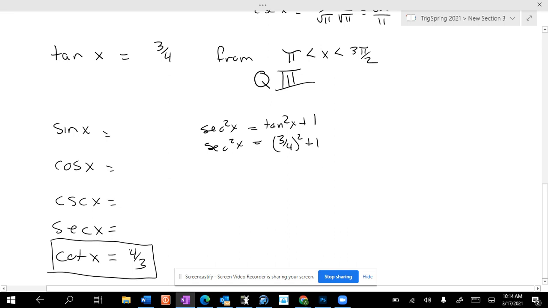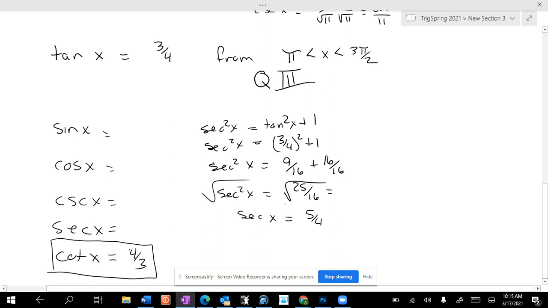What's 3/4 squared? And 1 is 16/16. So 9 plus 16 is 25/16. If we take the square root of each side, secant of x would equal 5/4.